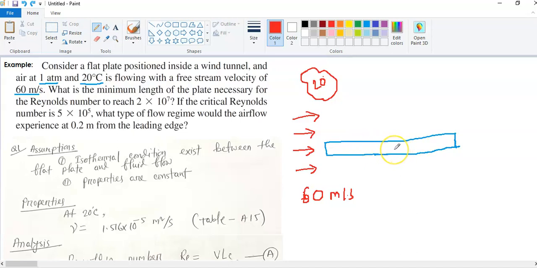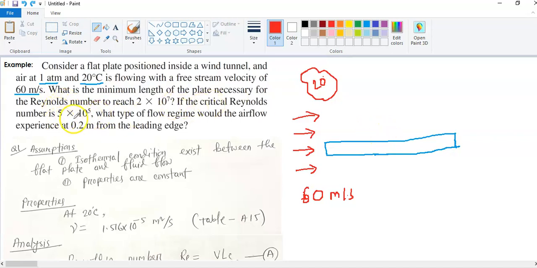So if you can remember, I showed you the theory of when the flow will be turbulent. We already discussed during our lecture what is laminar flow, what is turbulent flow, and when the flow will be turbulent. So it actually depends on the Reynolds number. We know the critical Reynolds number is 5 × 10 to the power 5. You see it is given here.